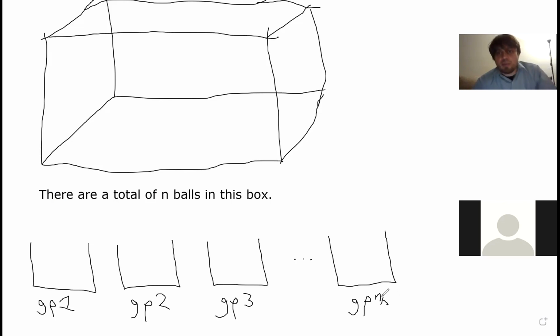So n sub k is representing group K. So we have K groups, okay? And we want to take all the total of n things in here and move them into these k groups.